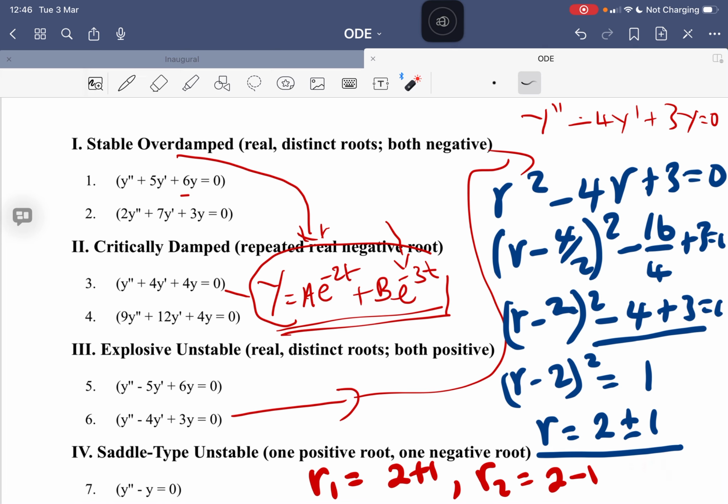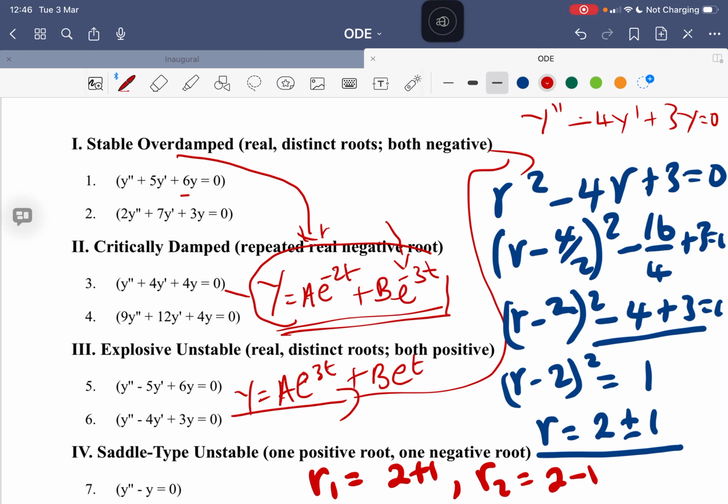Therefore, the solution to this is y equals a exponential r1t plus b exponential r2t, which will now simply be y equals a exponential 3t plus b exponential t.